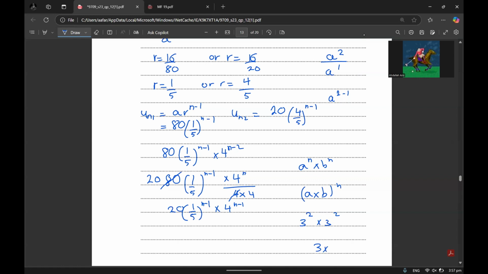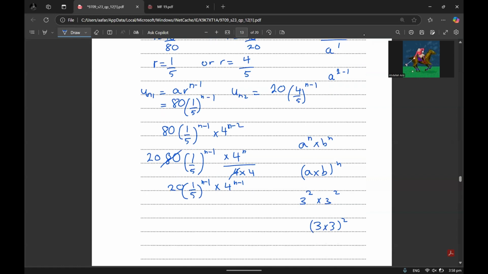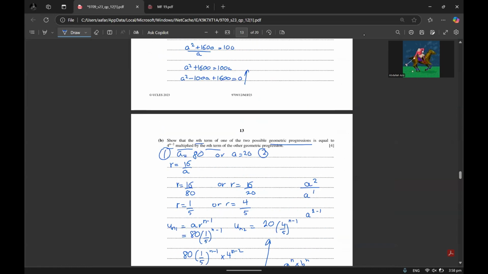So you can write it as 3 into 3 power 2, which is 9 power 2, which is again 81. So we can write this as, since both have the same power, 1 over 5 into 4 power n minus 1, 4 over 5 n minus 1, which is equal to this.